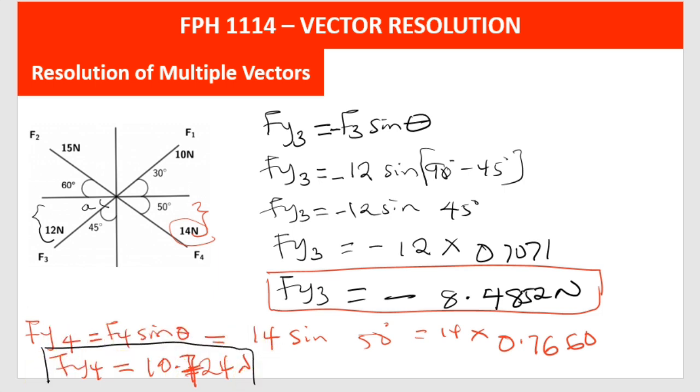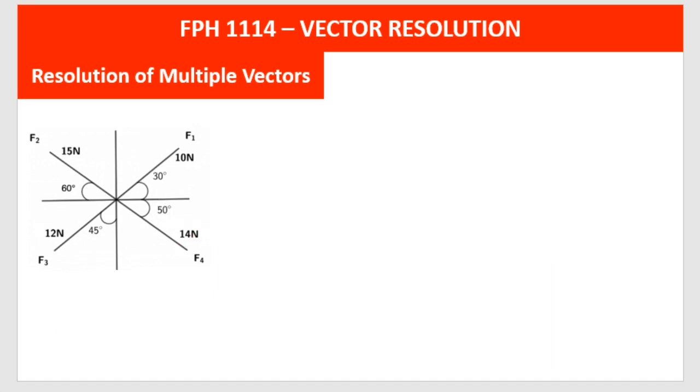So we are going to sum everything that we have gotten here. Therefore, the Fy component is equal to Fy1 plus Fy2 plus Fy3 plus Fy4.